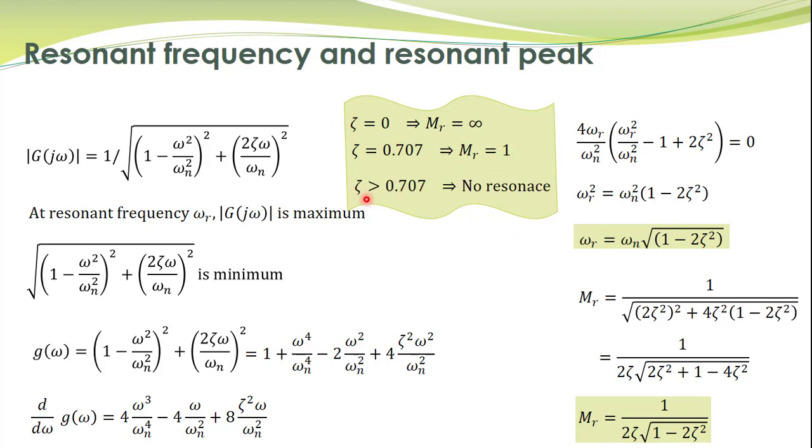And if zeta is greater than this value, then there will be no resonance, no peak. That is apparent from here. If zeta is greater than 0.707, omega r comes out to be some imaginary number, and we cannot have omega r to be an imaginary quantity.